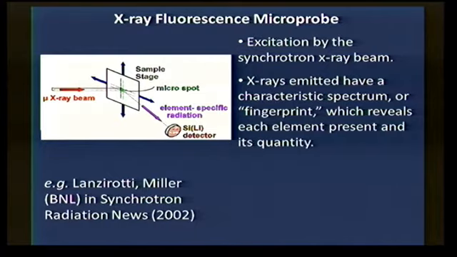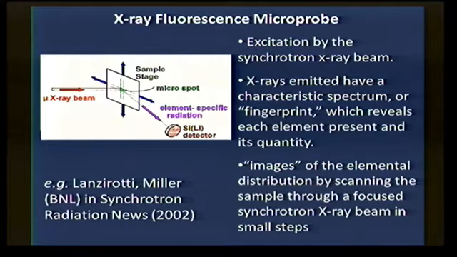So we want to analyze this spectrum, and this spectrum is a kind of signature or fingerprint of the elements which are present in the material. So once we understand those typical fluorescence spectra, we can do some imaging. Basically, we want to find out the distributions of the elements by step scanning the beam across the sample.